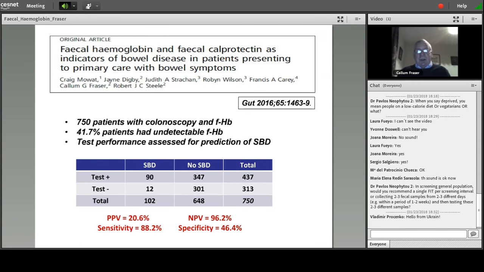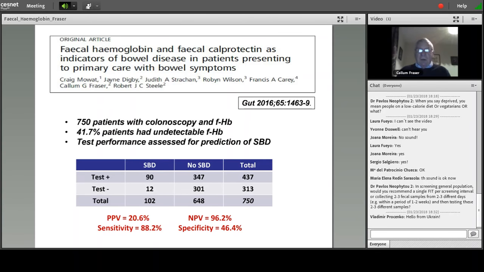And when one looks at the traditional 2x2 table, with the 4 classes of test positive with disease, test negative with disease, test positive without disease, and test negative without disease, then you can see that the negative predictive value for significant colorectal disease is high.